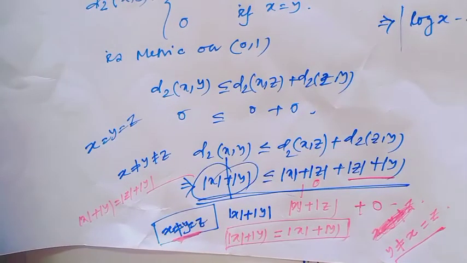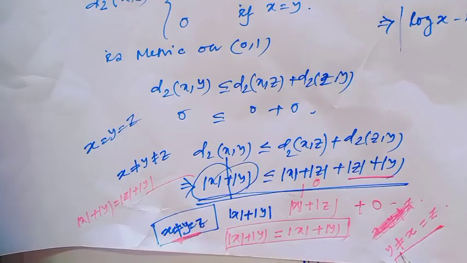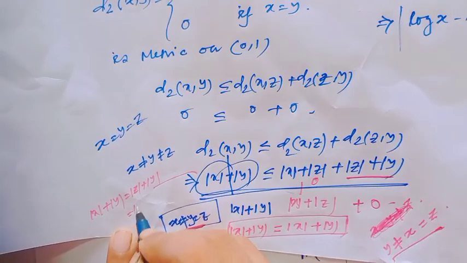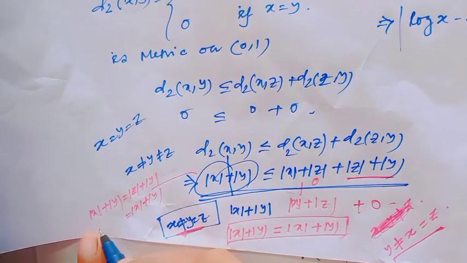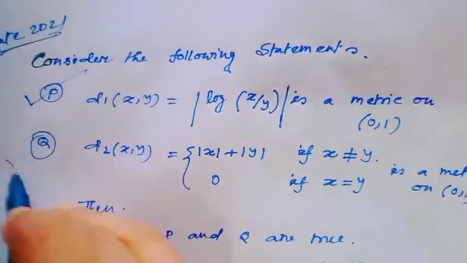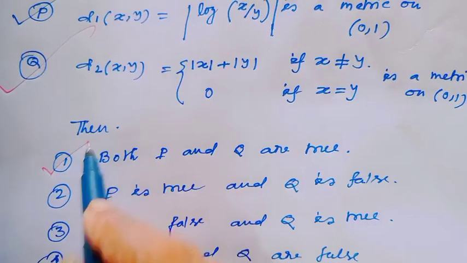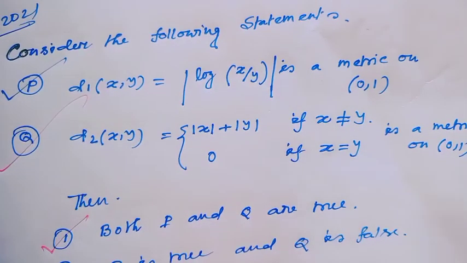Okay, and notice since y is not equal to x but x equal to z, we can write z equal to x, so this is also similar to before, this is also true. So this also is a metric, that means both p and q are true, that means both p and q are metric spaces. Are you getting?